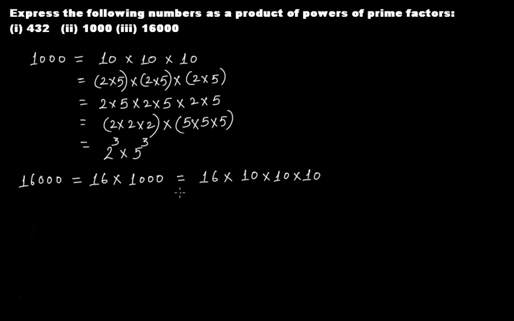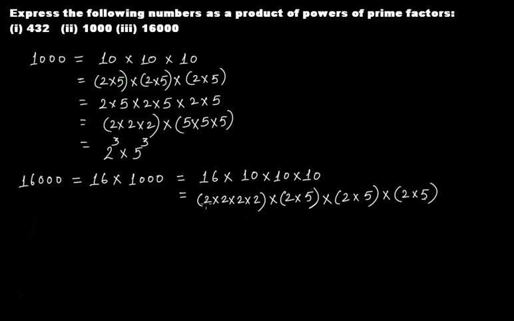Then, if you write this 16 as 2 into 2 into 2 into 2, 2 into 2, 4, 2, 8, 16, right? Then each 10 as 2 into 5, then 2 into 5, then 2 into 5, right?